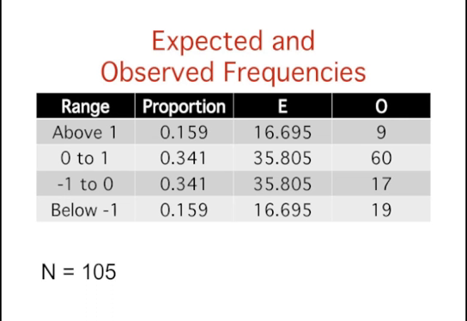The observed frequencies are computed by counting the number of students with standardized GPAs in the various intervals. For example, only 9 students have standard scores above 1. It is clear that the distribution deviates from a normal distribution. The greatest deviation is that only 35.805 students were expected to be between 0 and 1, while the actual number in that interval was 60.